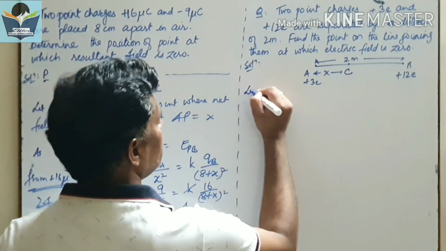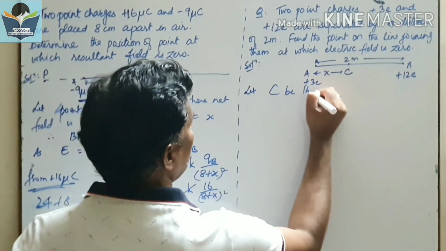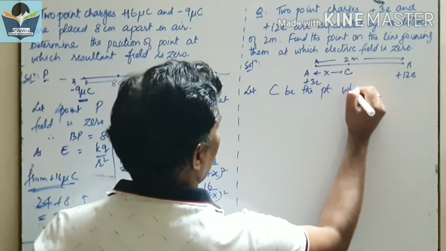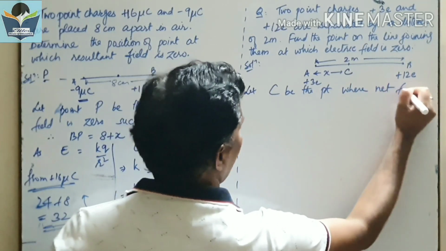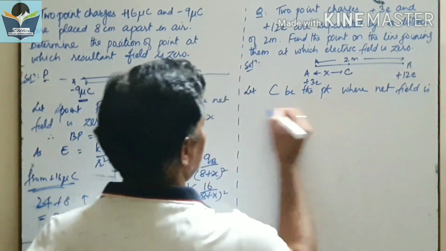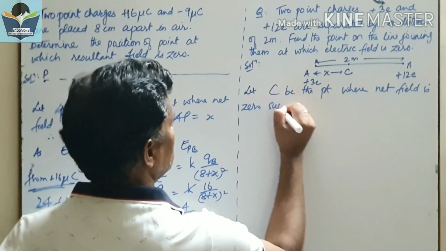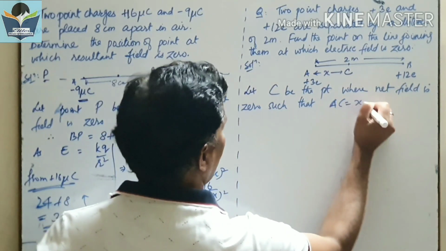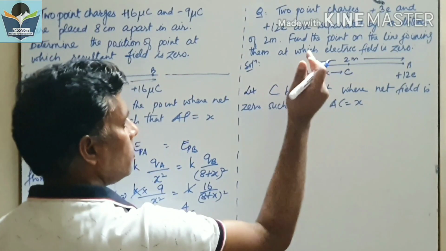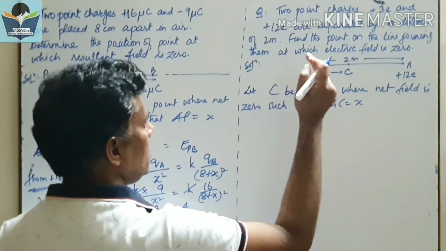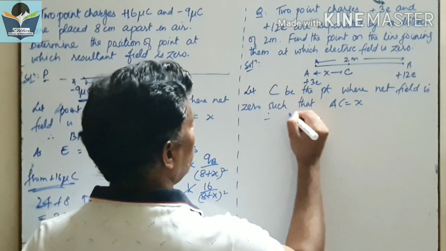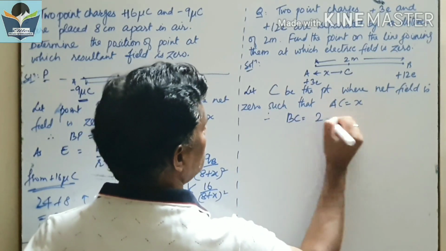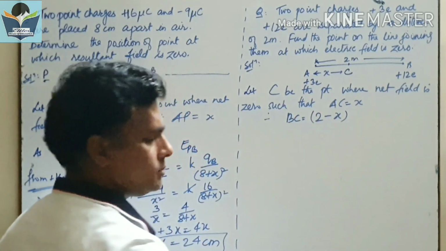So let C be the point where net field is 0, such that AC equals x. So we have taken the distance from A, that is the plus 3e charge. Therefore BC will be 2 minus x.